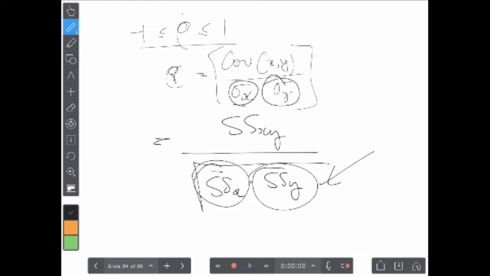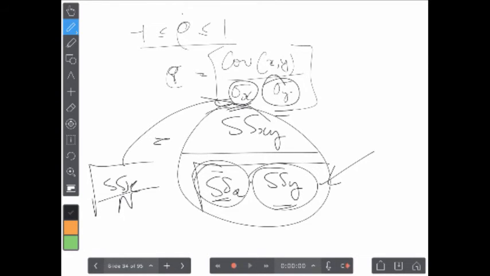So for example, the standard deviation of x is the square root of SSX over n, or n minus 1 for a sample. So these values in here are the sum of the squares, but these values up here are the actual standard deviations themselves. Trust me, this is less work than this right here.